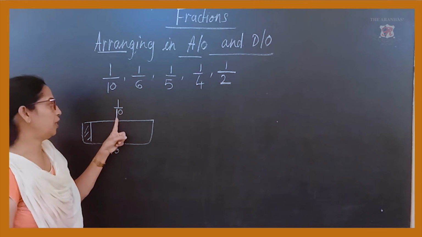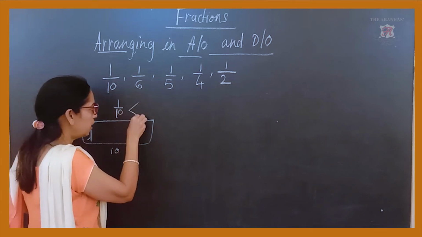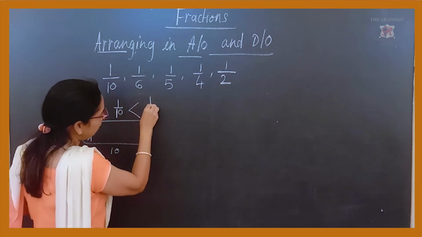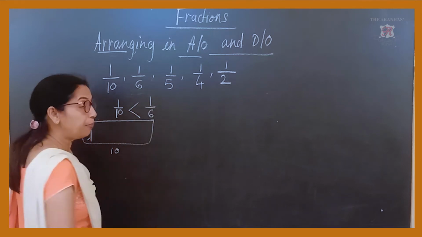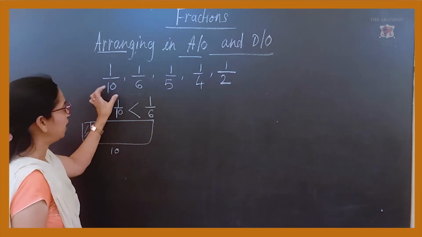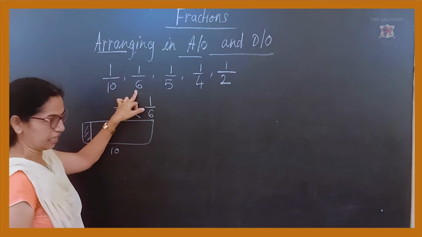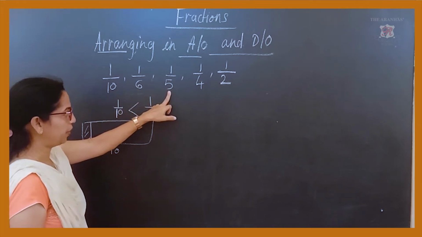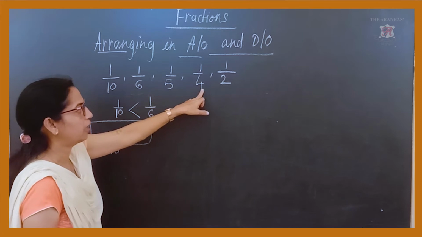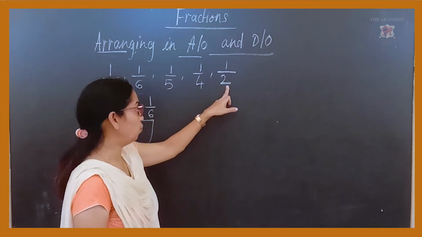So 1 upon 10 is smaller than 1 upon 6, because after 10 the next bigger figure is 6. Then comes 5, then 4, and last 2.